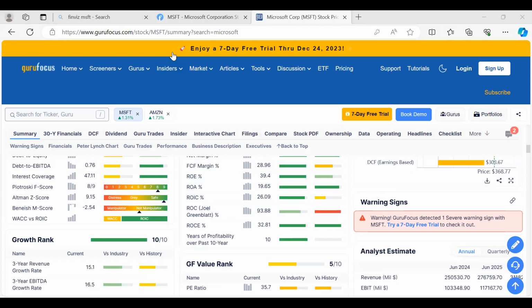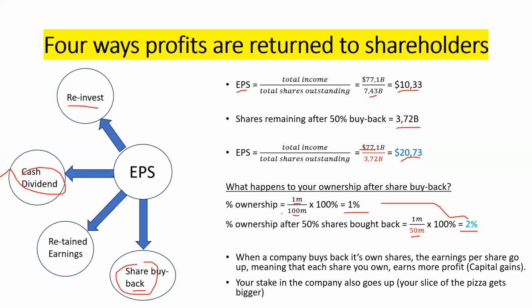So what does this 26.09% mean? This means that for every $1 of profits that the company keeps and reinvests internally, it is able to grow my money at a rate of 26.09%. So if I can't get a return of 26.09% if I reinvest my profits on my own, then it is better for Microsoft to do the work for me.